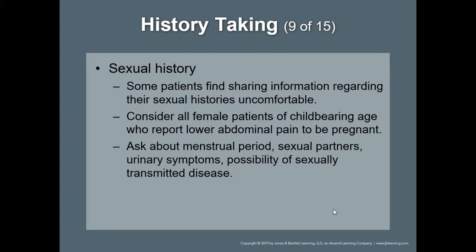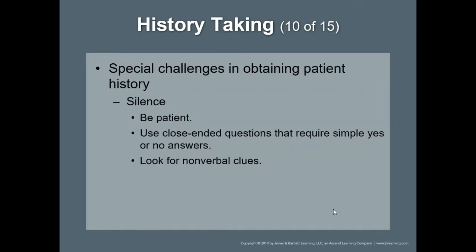Consider all female patients of childbearing age who report low abdominal pain to be pregnant. We want to rule out the worst case for these patients, which would be ectopic pregnancy or miscarriage. Ask about menstrual period, sexual partners, urinary symptoms, and the possibility of sexually transmitted diseases.